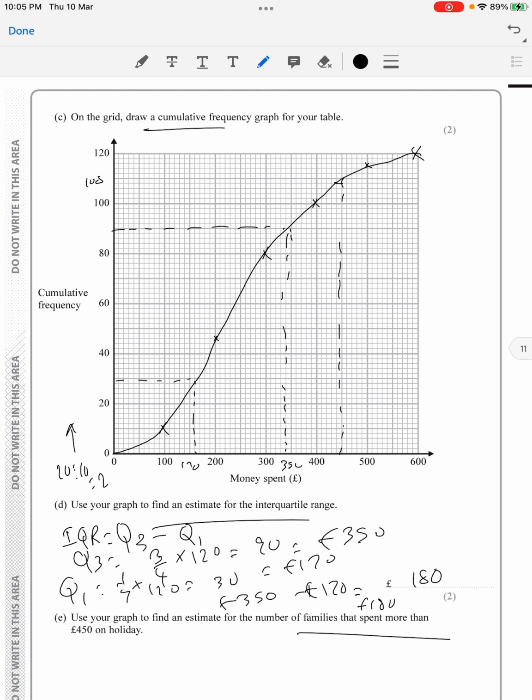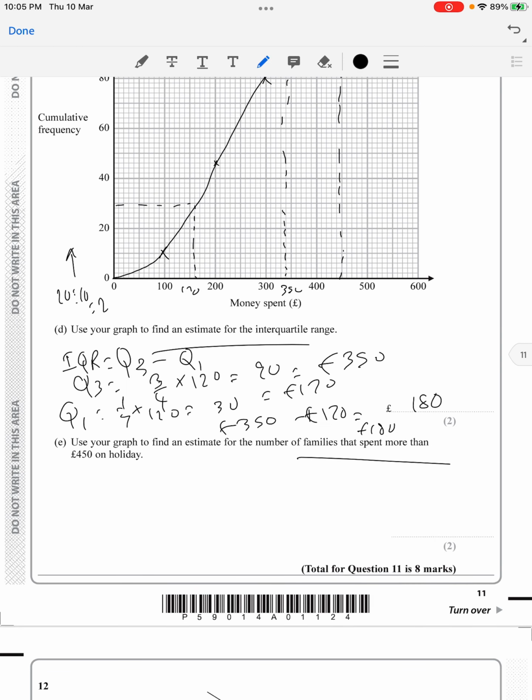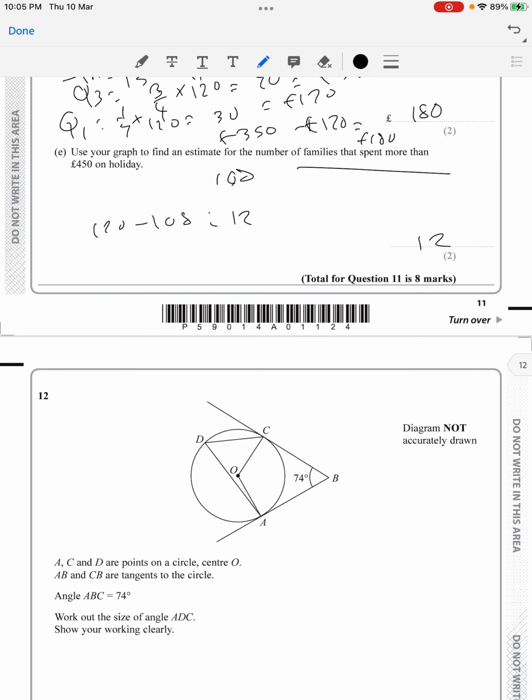Once you find that cumulative frequency, you subtract it from the total cumulative frequency of 120. So 120 minus 108 should give you 12. So 12 for 2 marks. There you go, straight. The subtraction carries marks.